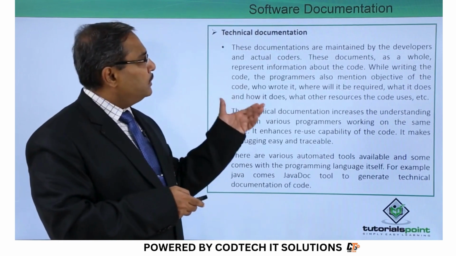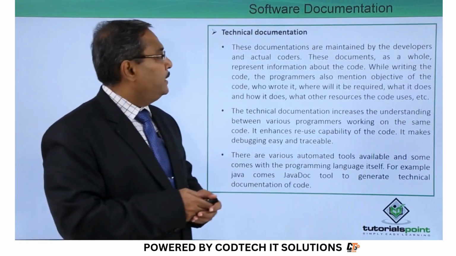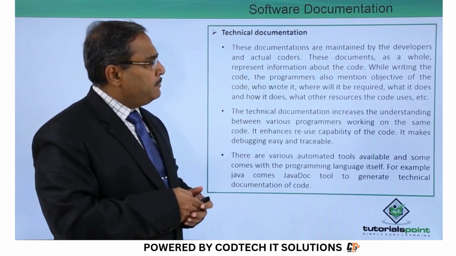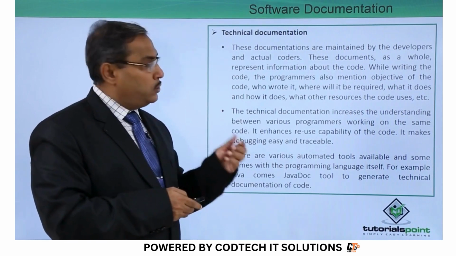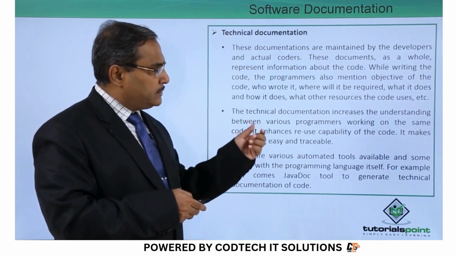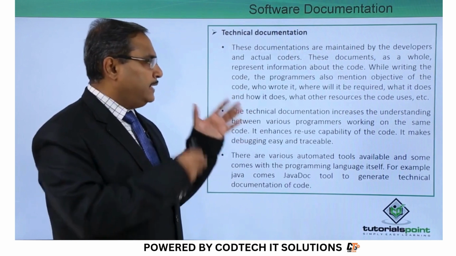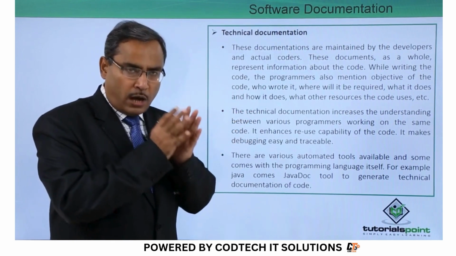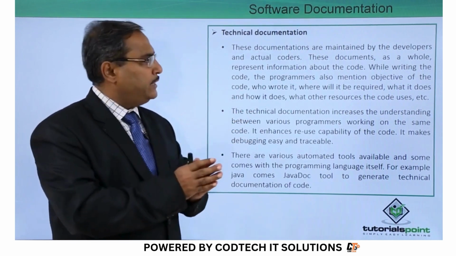Now let us go for the technical documentation. These documents are maintained by the developers and actual coders, and as a whole represent information about the code. Now we are coming to the code and implementation.